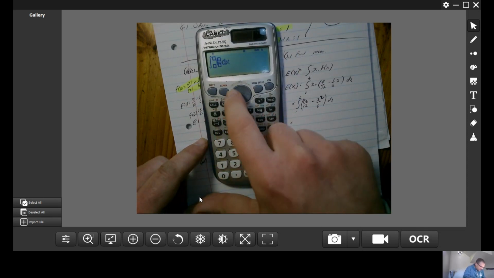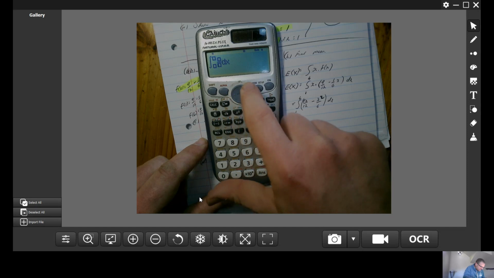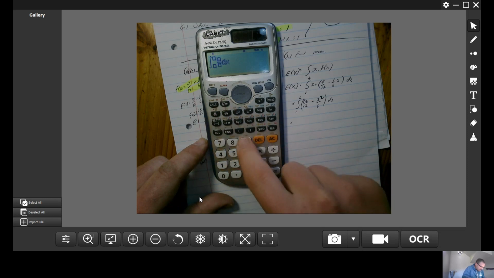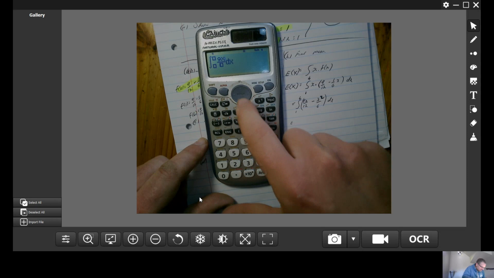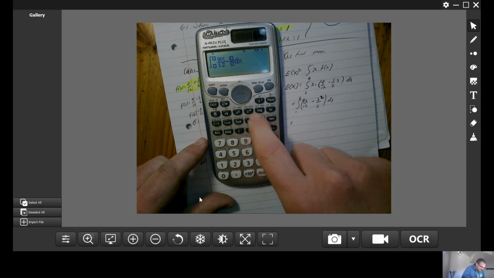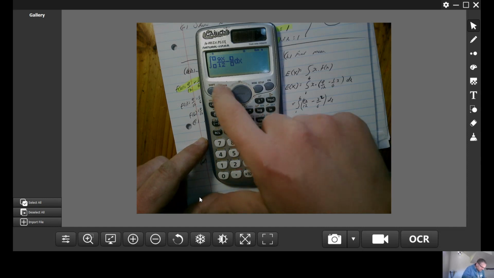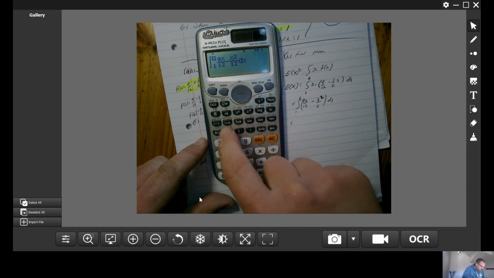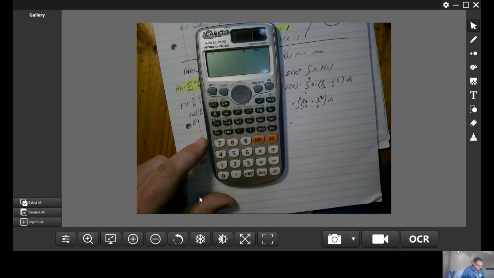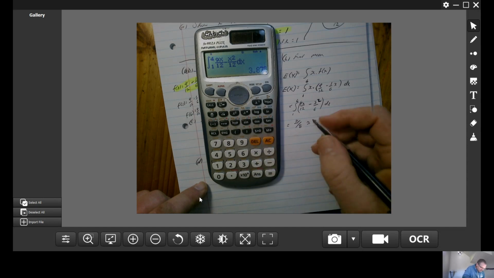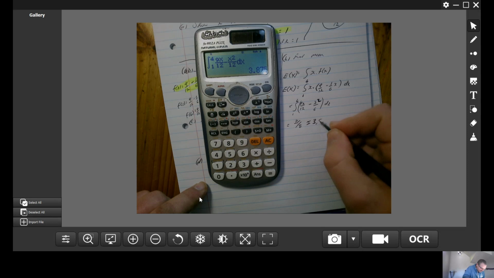Integral of 9x over 12 minus x squared over 12, between 1 and 4 equals, and we wait, and you get an answer of 31 over 8, which is equal to 3,875.